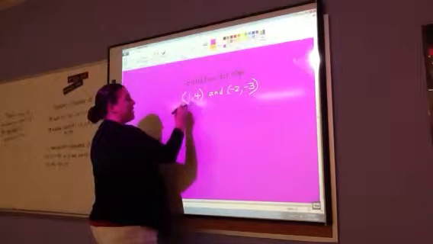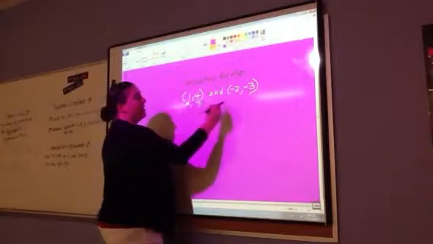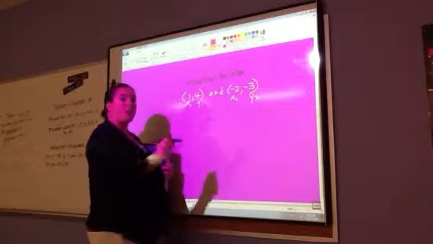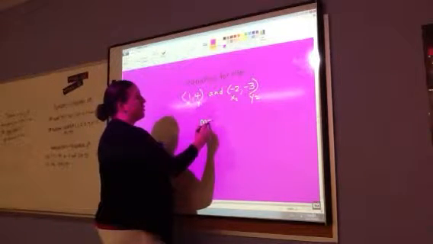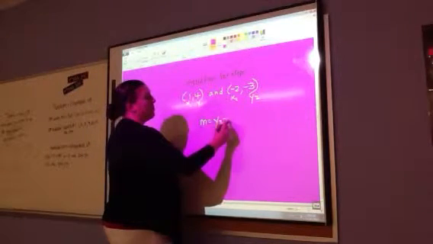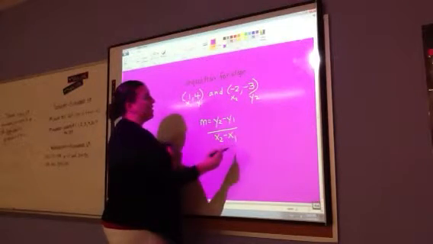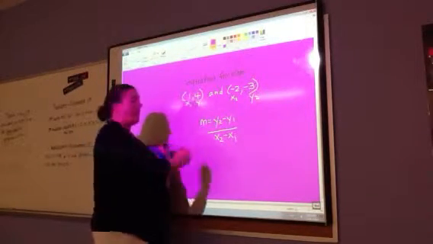So we're going to name this x1, y1, and x2, y2. Because our formula for slope, which is m equals y2 minus y1 over x2 minus x1, will help us find the slope of the line.